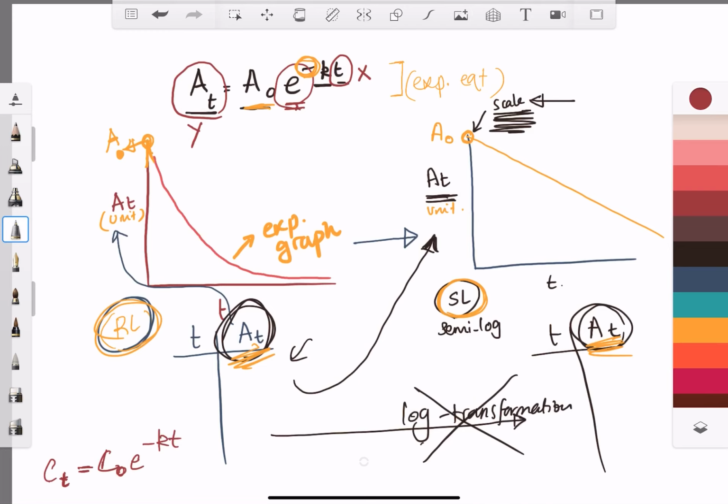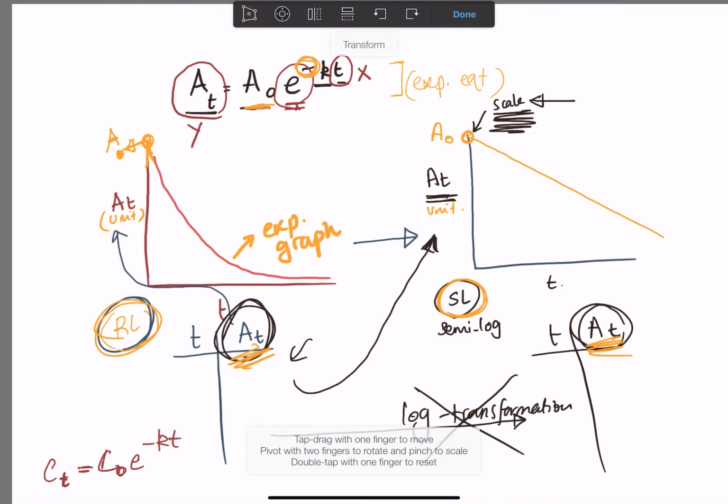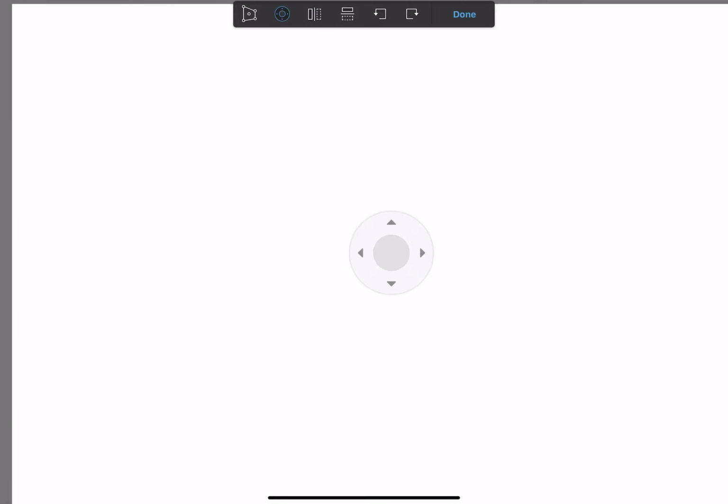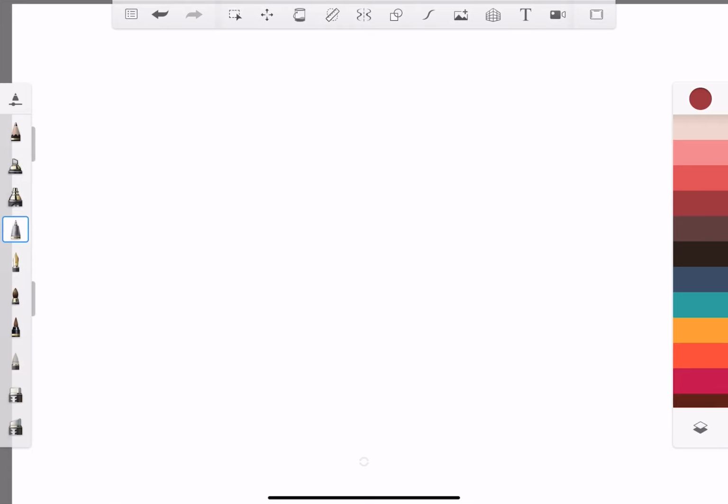So the last point that we need to mention for the first order reaction is the half-life. Again, as we mentioned earlier, we know that it's the time that is needed for the amount of the drug or the concentration of the drug to decrease by 1/2.